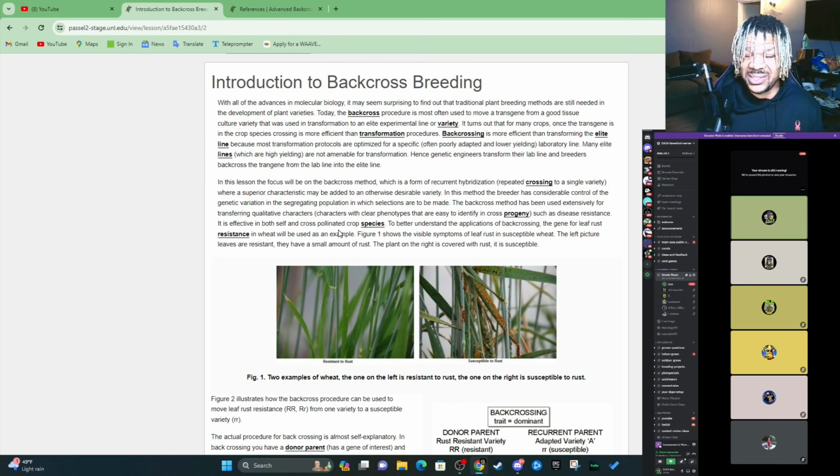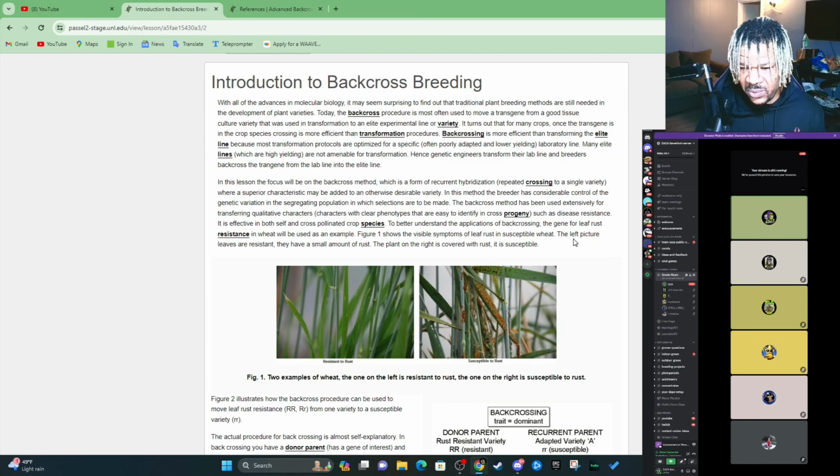To better understand the applications of backcrossing, the gene for leaf rust resistance in wheat will be used as an example. Figure 1 shows the visible symptoms of leaf rust in a susceptible wheat. In the left picture, the leaves are resistant. They have a small amount of rust. The plant on the right is covered with rust.